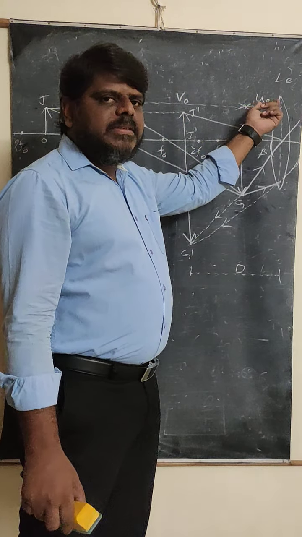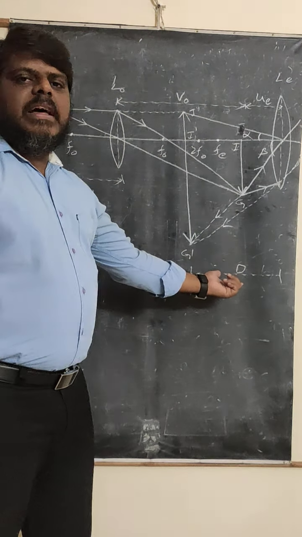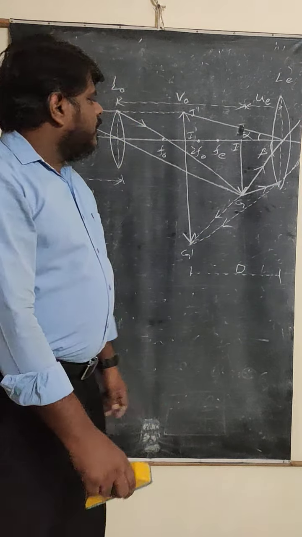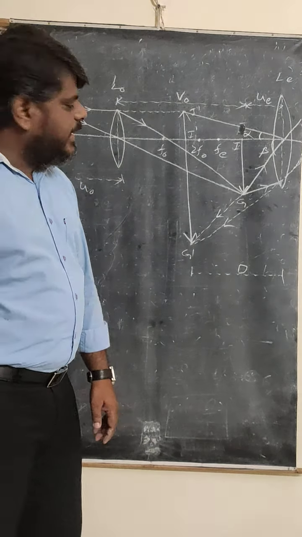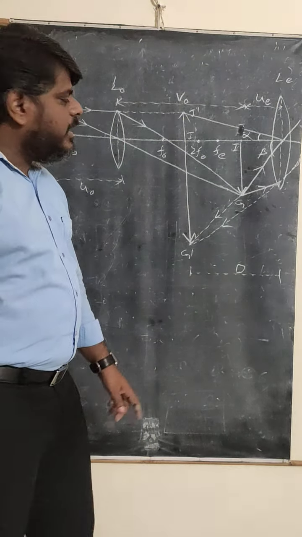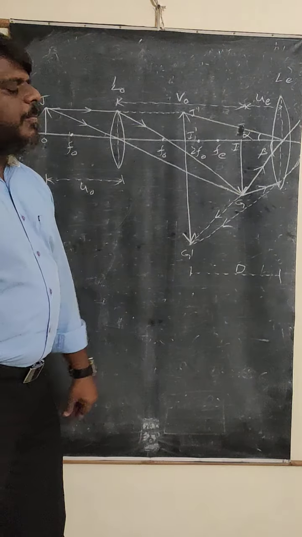VE represents the object distance for the eye lens, and D represents the least distance of distinct vision where the eye lens produces the image. The final image is I'G', which is produced by the eye lens itself. This is the process.